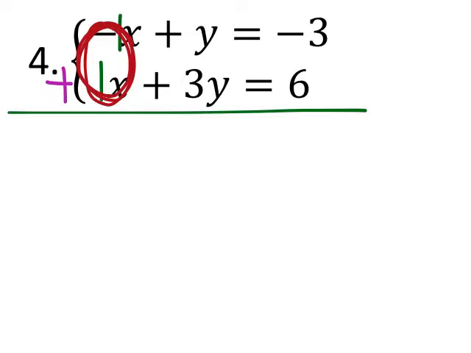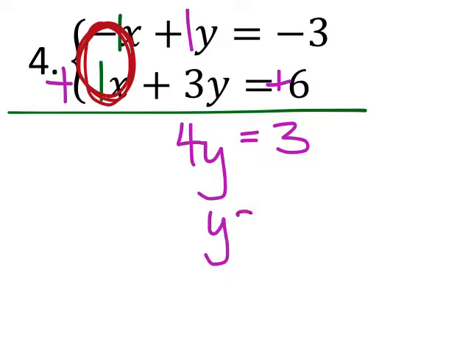That's great. And we have 1y plus 3y is 4y. And then we have negative 3 plus 6 is 3. This gives us a fraction. This is going to be y equals 3/4. And that gives us the y value. We just need to solve for the x value now.